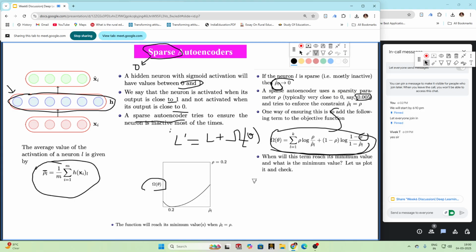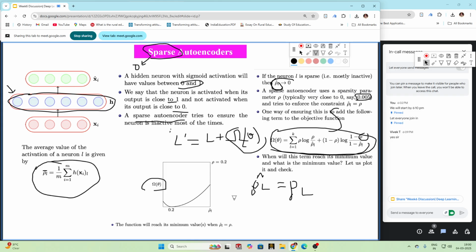So when our rho hat L is equal to rho L, our model will have the lowest value of this sigma theta, or the added loss. So this is the concept.